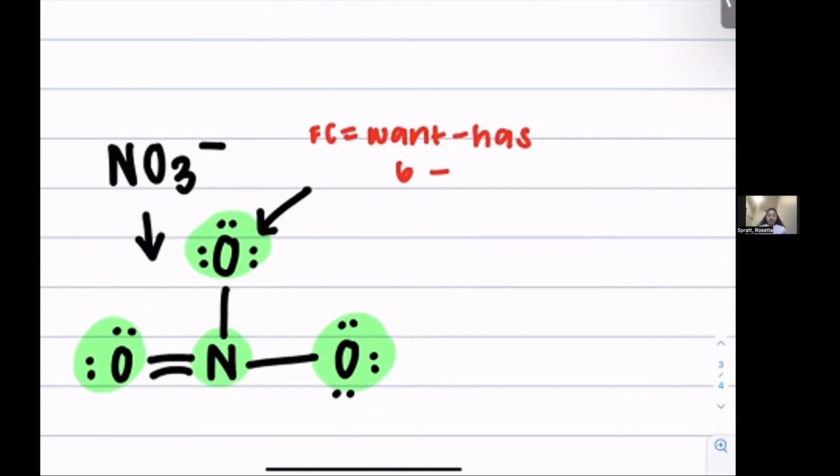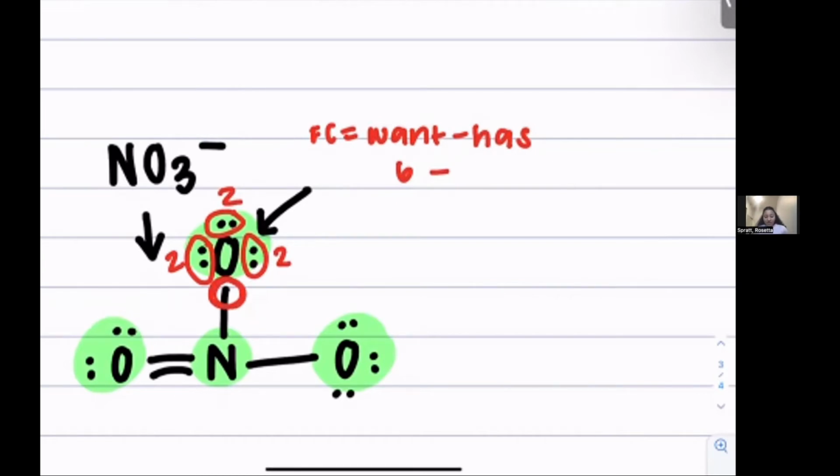And then what it has. This is the tricky part. We have to count how many electrons we see here. Each lone pair, think of pair, that means 2. So this is 2, this is another 2, this is another 2. And then we also have to account for the electrons being shared in this bond.